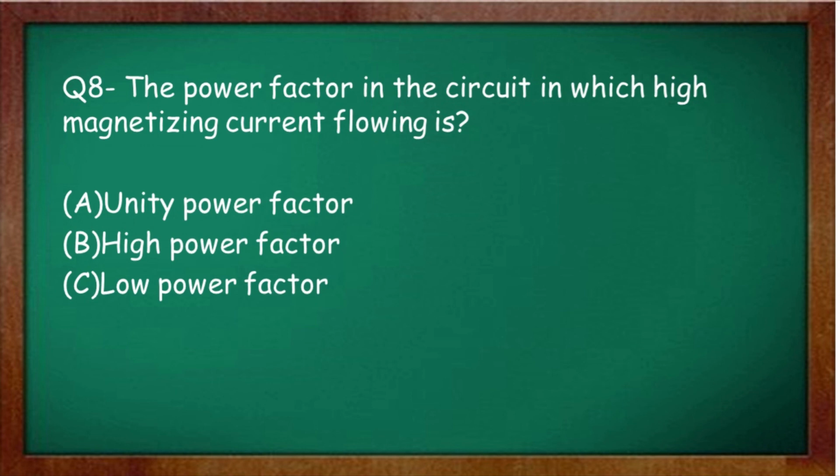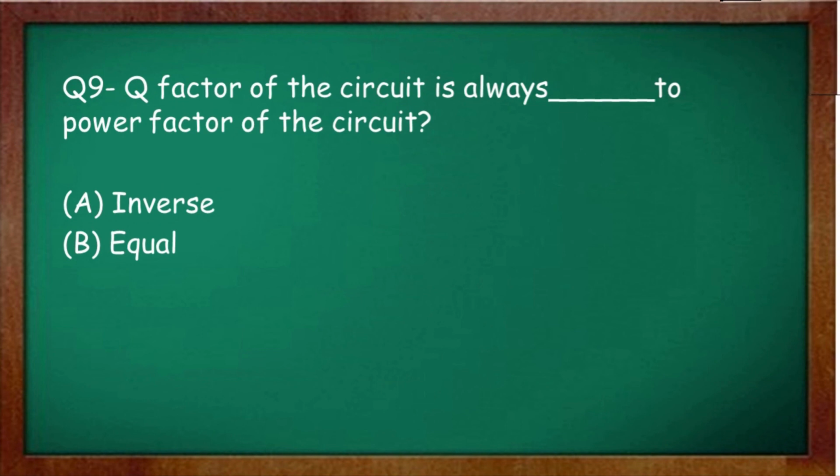So that results in low power factor. So the answer is C, low power factor. The power factor of a circuit which possesses high magnetizing current will always be less. Option C is the right answer.